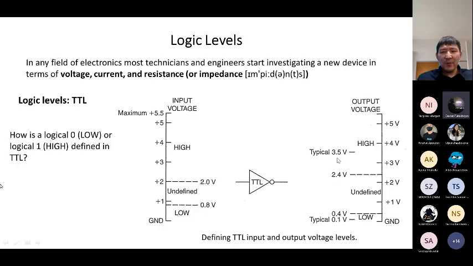Typical values that these simple TTL inverters give us are about 3.5 volt, but it can be as low as 2.4. The output should not be in this undefined region, so you should avoid these regions. I think we'll already see and read this in chapter 1.